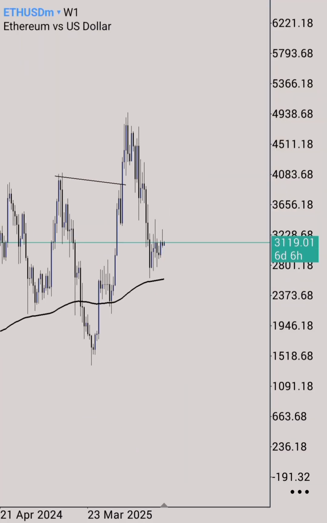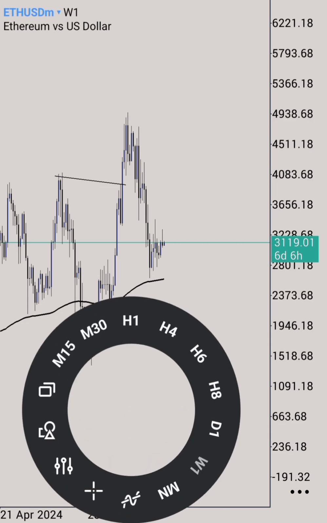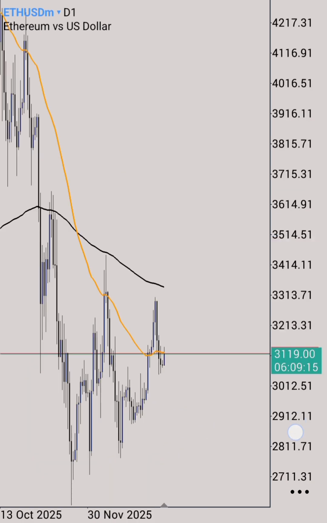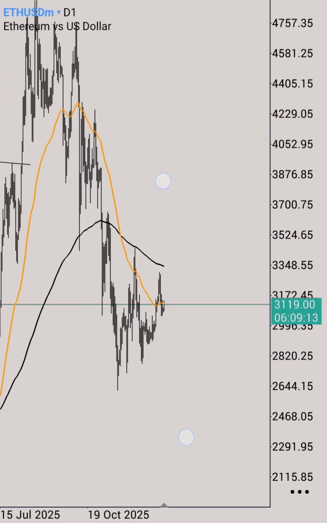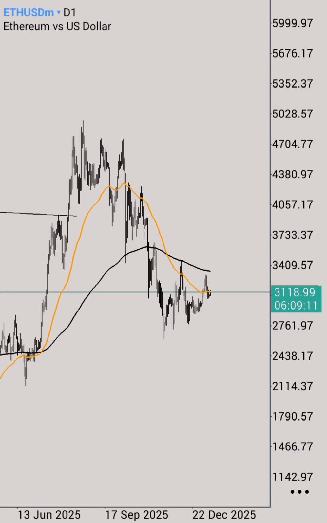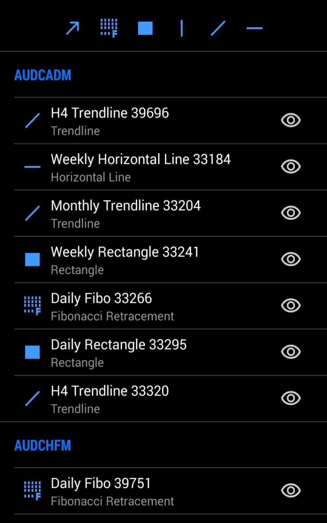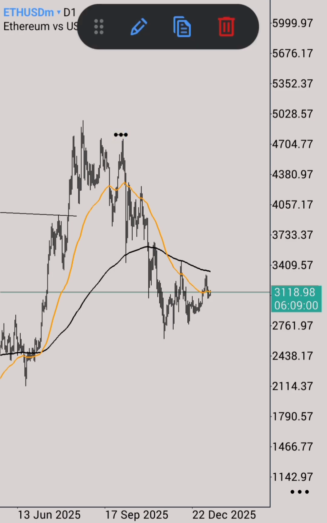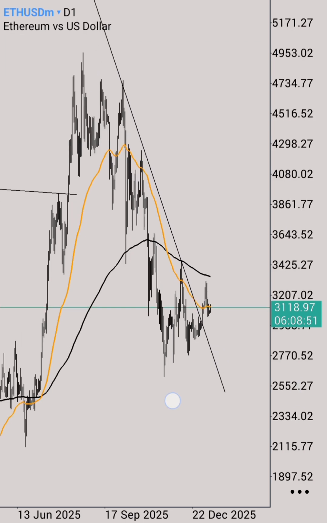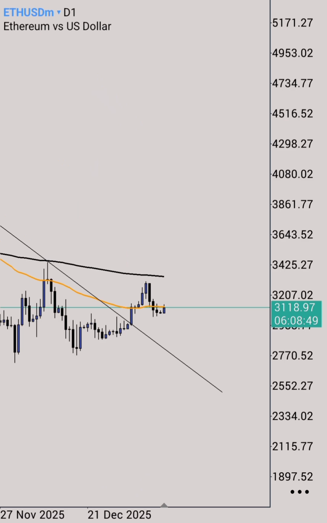Now we also have this retracement to the downside, and if we go to the daily time frame, we could clearly see that the market is changing from the bearish look to the bullish look, right? Now if we integrate our trend lines to this, we could clearly see that we have a break of the trend line at this point.